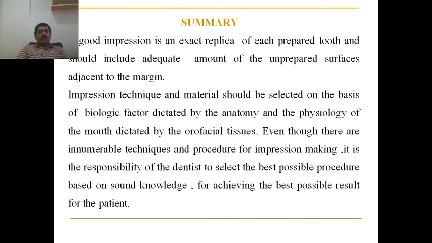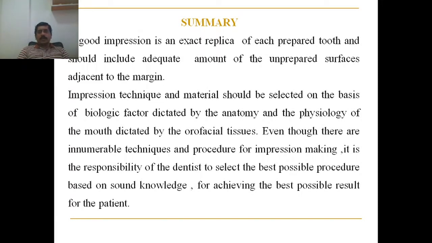So, to summarize, a good impression is an exact replica of each prepared tooth, and it should include an adequate amount of the unprepared surfaces adjacent to the margin. Impression technique and material should be selected on the basis of biologic factors dictated by the anatomy and physiology of the mouth, dictated by the orofacial tissues.